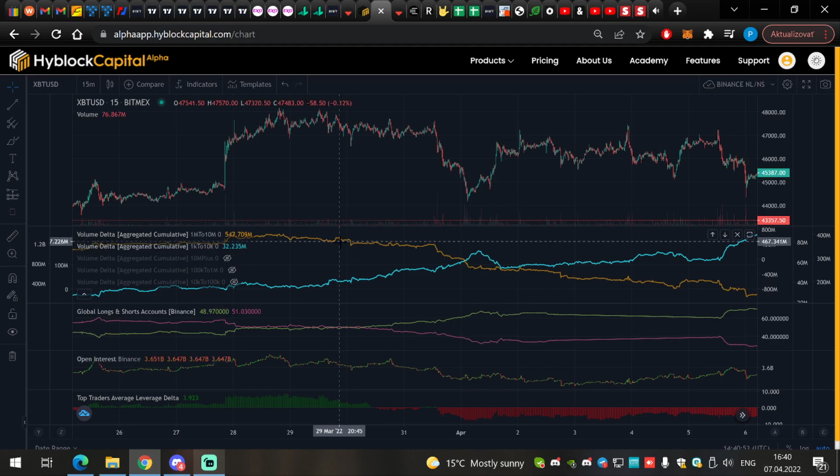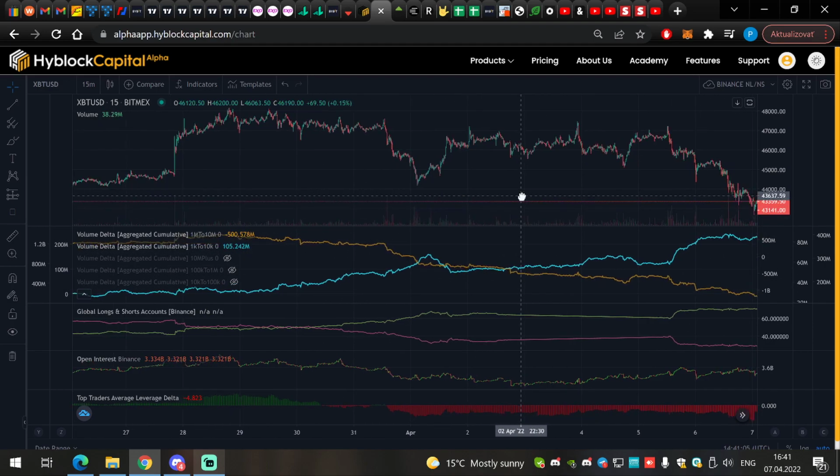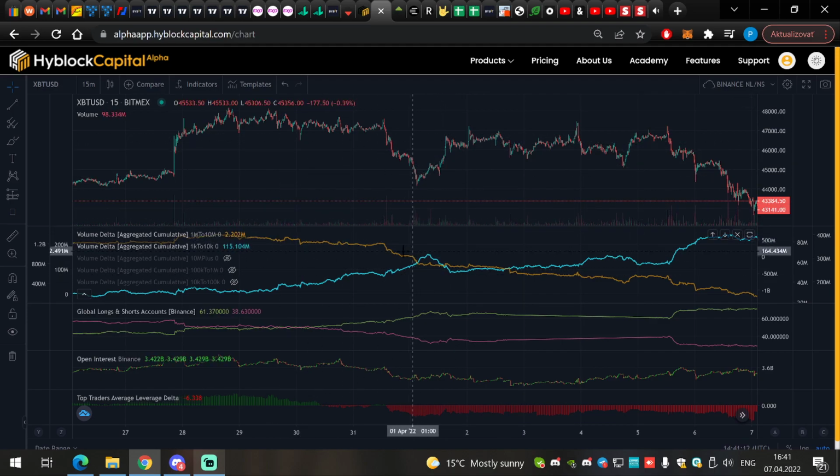The brown line represents the bigger traders, $1 million to $10 million. They are moving the market a lot. That's what I told you before. On this range, the retail was longing, while the smart money was scaling out of that range. It's usually a good warning sign for you. We can range or actually reverse.